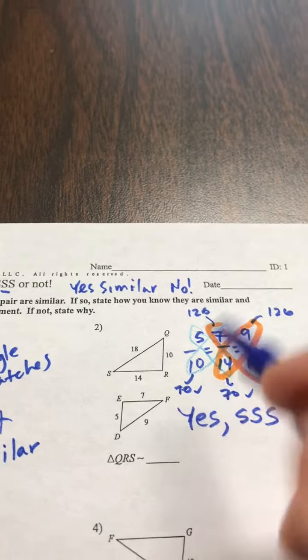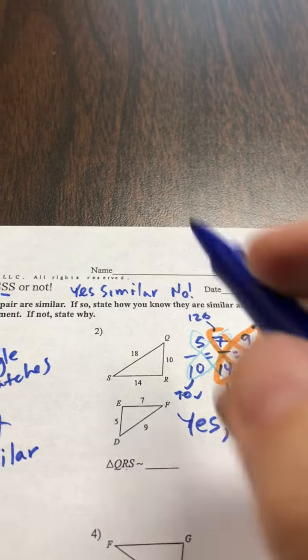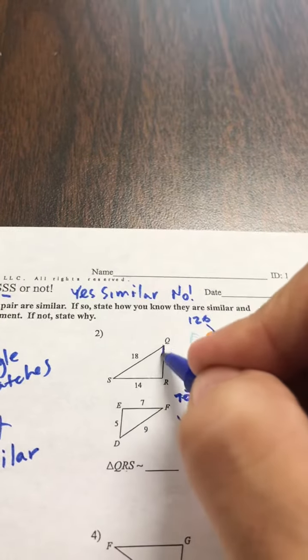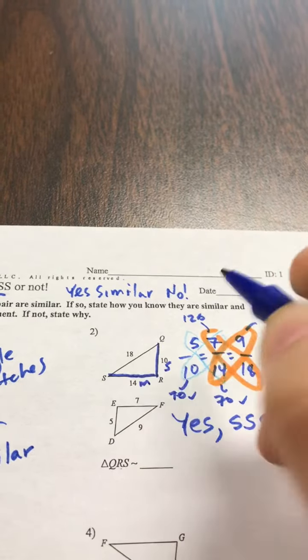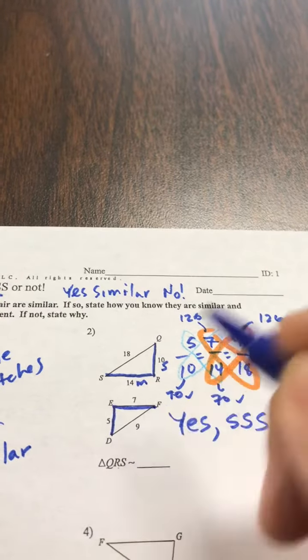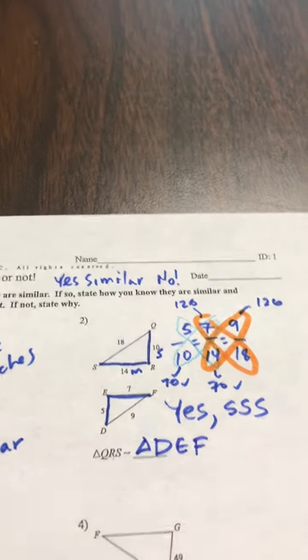Now I have to name it. So let's see how they named it. QRS. So they went across the small side and then to the medium side. So I have to do the same thing here. Across the small side and then to the medium. So I have to name this DEF.